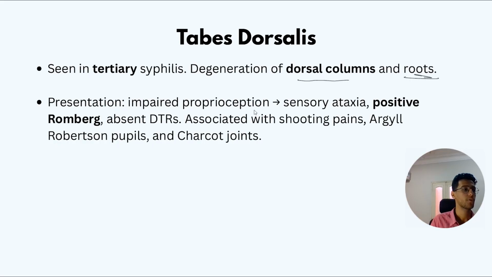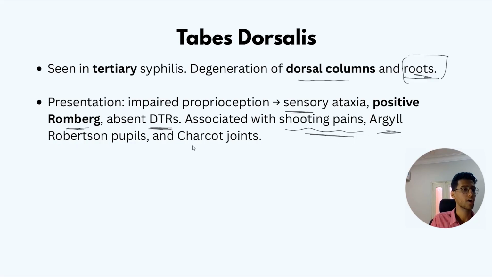The presentation will be impaired proprioception, so it will cause sensory ataxia and a positive Romberg sign, as we said, and absent deep tendon reflexes, and this is important as well. But positive Romberg sign is the most important thing and very, very high yield for this condition, and it's a pass-level question. It's associated with shooting pain. It will be very painful because it affects the roots.